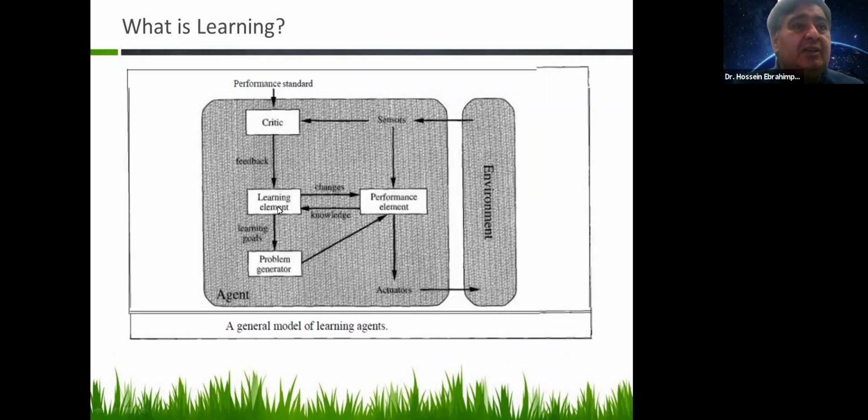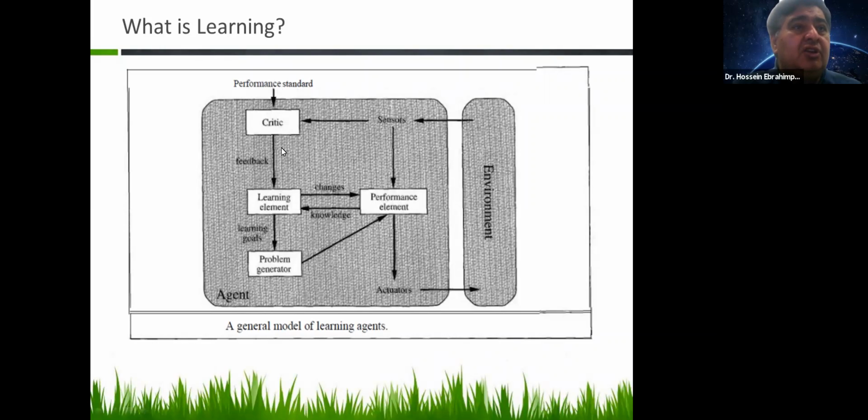This learning element cannot see what is happening. So we need another part, we call it the critic. This critic sees and checks everything that the sensors give to the performance element. So it can check it with the performance standard and see if it is okay or something is wrong.